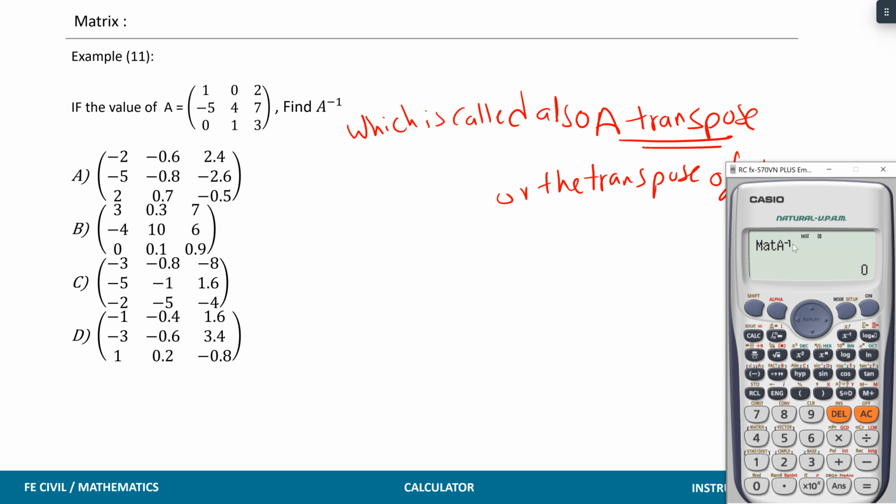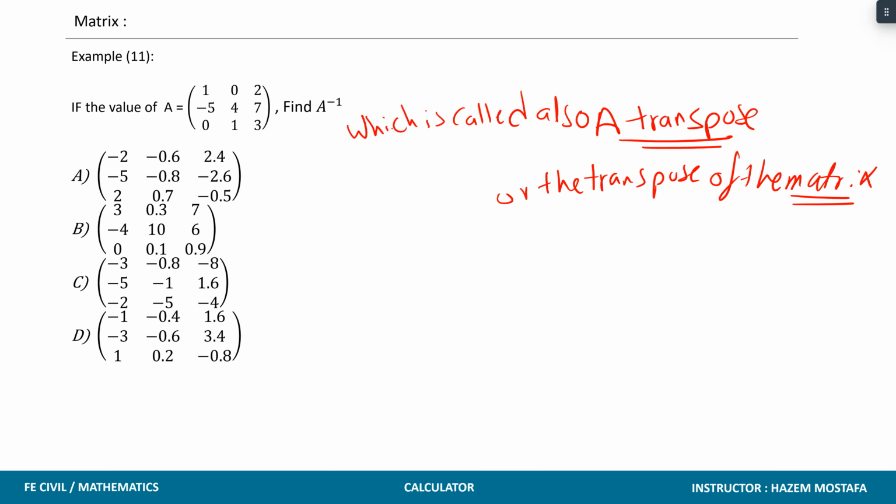So matrix A to the power -1 is the inverse of the matrix, and then we press equal, and the calculator gives you the result, which is -1, -0.4, 1.6, -3, -0.6, 3.4, 1, 0.2, -0.8, which is solution number D.